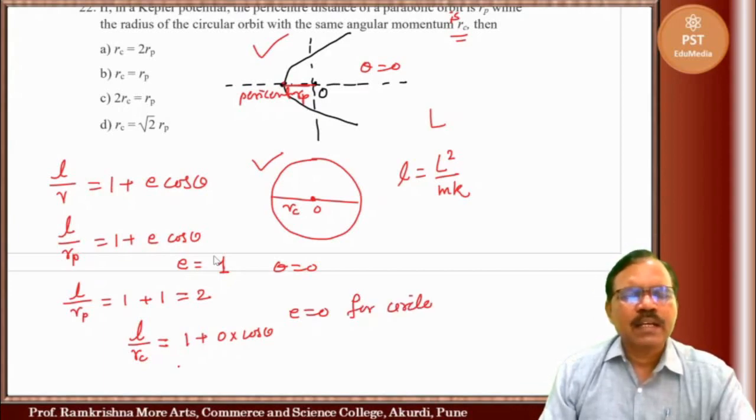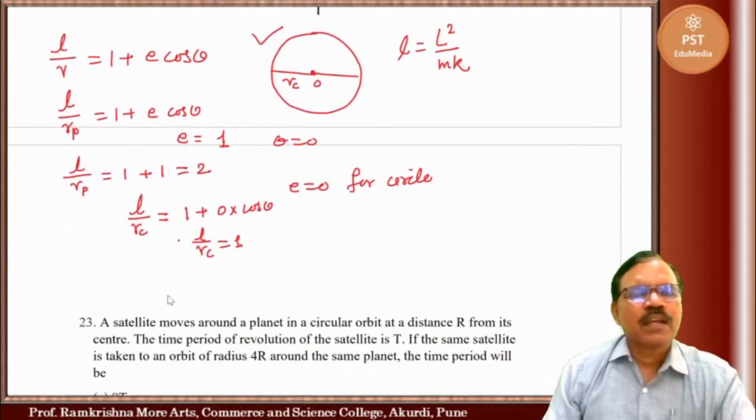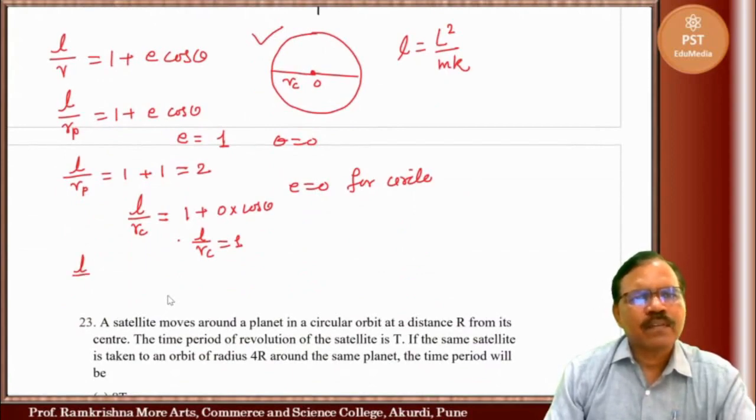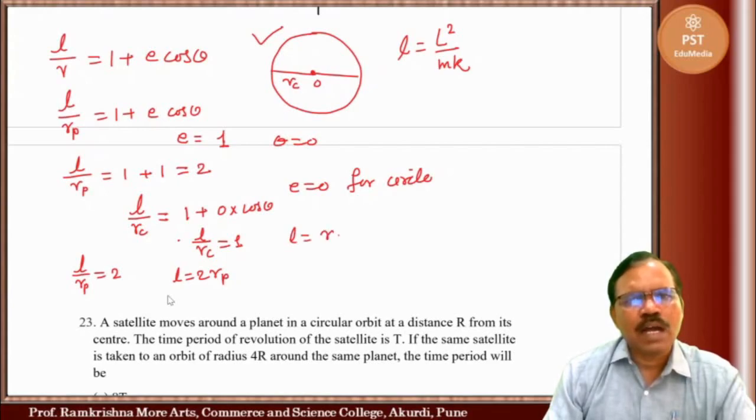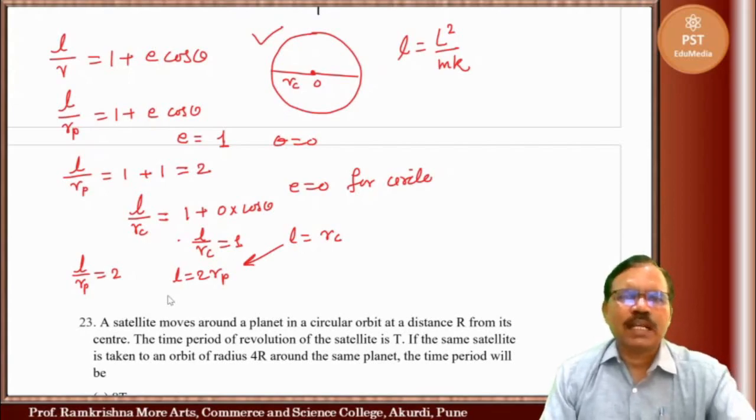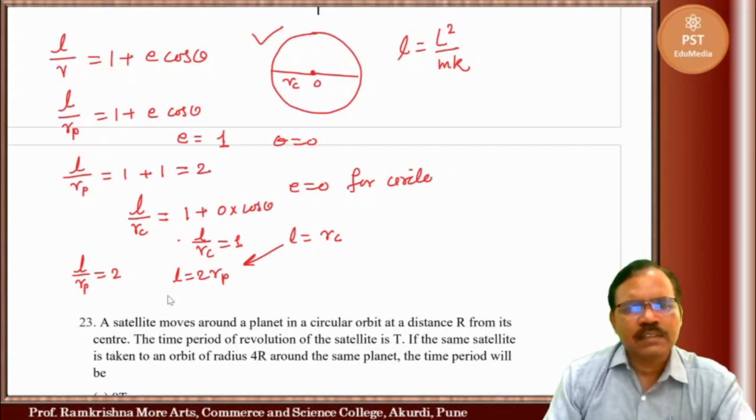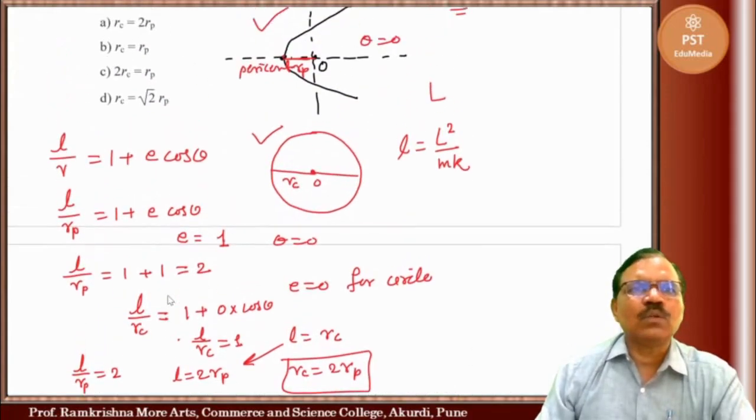So we get l upon rc is equal to 1. So see, we have the equations: l upon rp is equal to 2, so l is equal to 2 rp, and here l is equal to rc. If we compare these two, because the angular momentum is the same, we get rc is equal to 2 times rp.